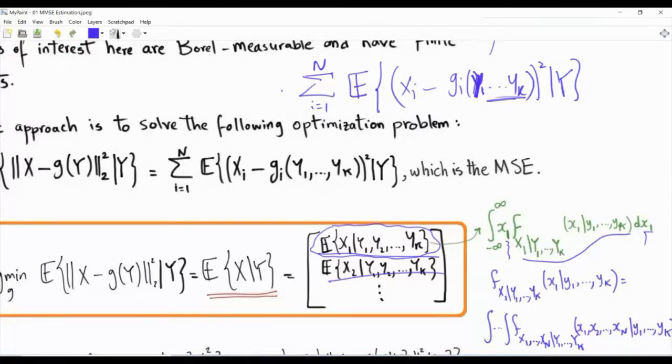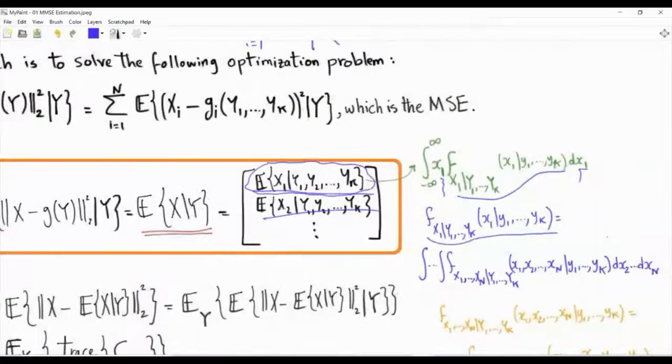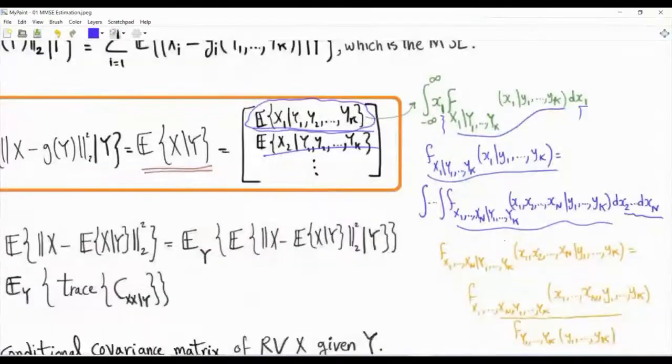And the conditional PDF itself, if you know the conditional PDF of vector x given vector y, then you can obtain this conditional by the same old trick, by integrating over the other x's, so that you end up with the conditional PDF of x1 given the y's.